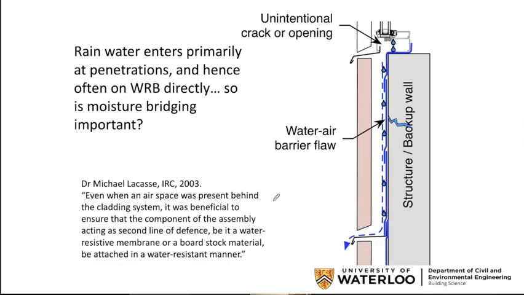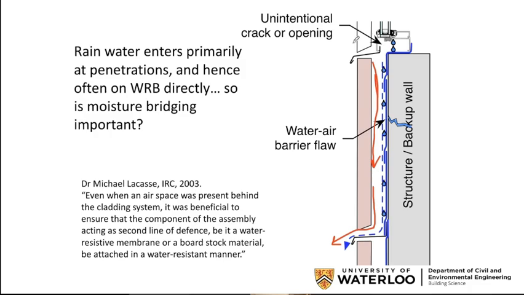So historically, people had hoped that water would run down the back side of the cladding. Trying to draw here, would run down the back side of the cladding and then leave. But in practice, that's sort of a theoretical thing that happens.